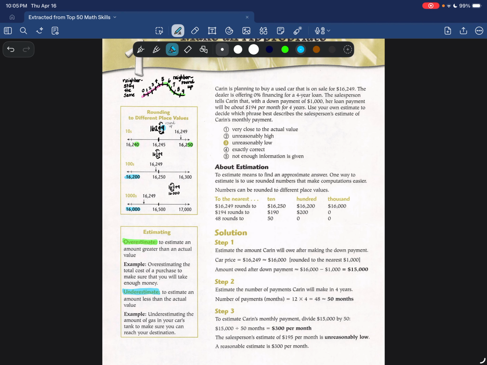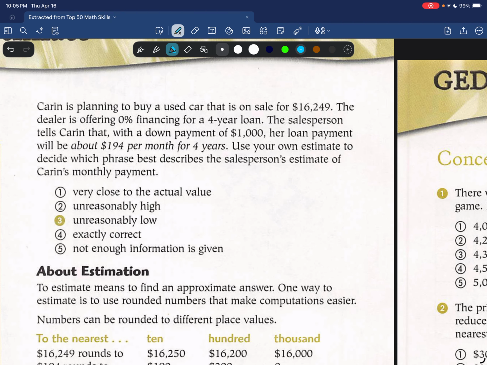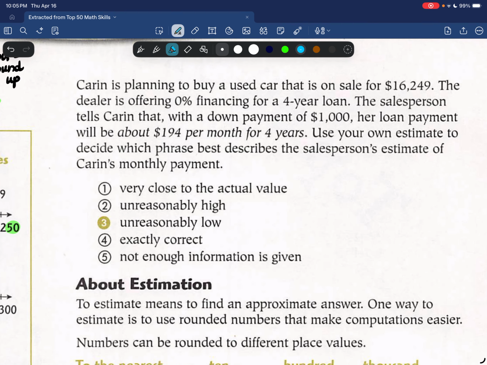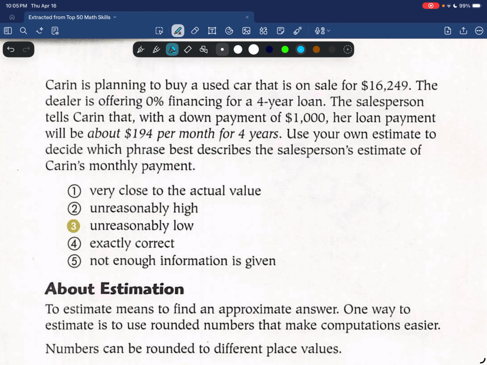So let's look at an example of an actual test question. Karen is planning to buy a used car that is on sale for $16,249. The dealer is offering 0% financing for a 4-year loan.